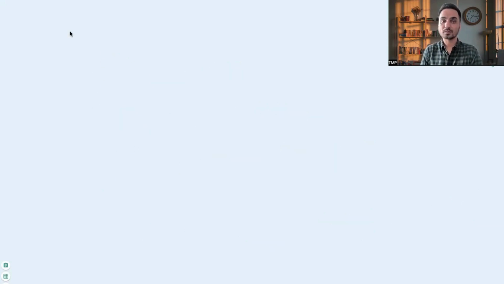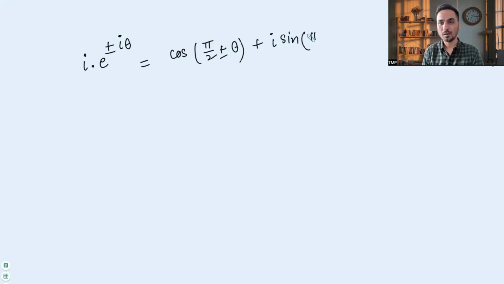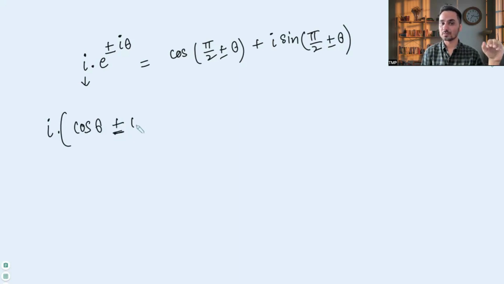That being said, the left hand side now is iota times e to the power plus minus iota theta, equals cos (pi over 2 plus minus theta) plus iota sine (pi over 2 plus minus theta). Now the left hand side can further be written as iota times (cos theta plus minus iota sine theta).